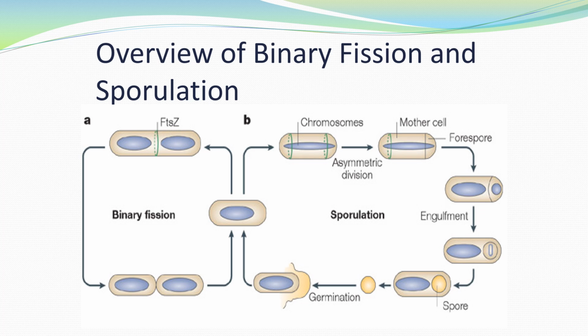But if you want to think of it this way, those spores are going to cause the cell to become dormant for some period of time until the environment is favorable again. But again, you do not need to know the process of sporulation, just what it is, and then those terms, sporulation and germination, what we were talking about on that last slide. But you do need to know the process of binary fission.